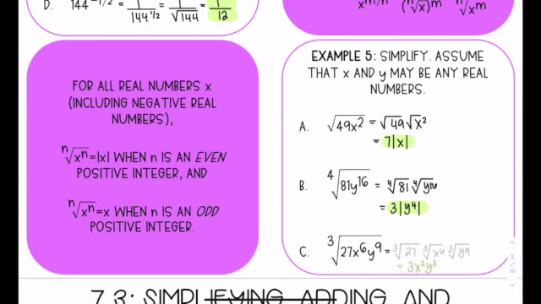Let's go ahead and do one more. The cube root of 27x to the 6th, y to the 9th. So we're going to go ahead and split this up. The cube root of 27, the cube root of x to the 6th, and the cube root of y to the 9th.